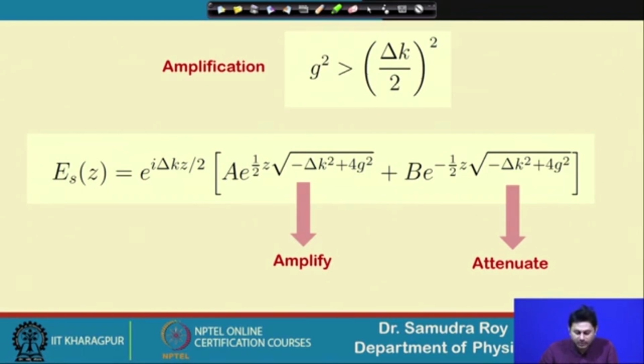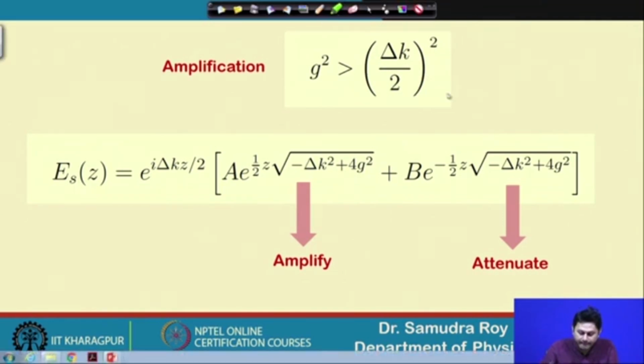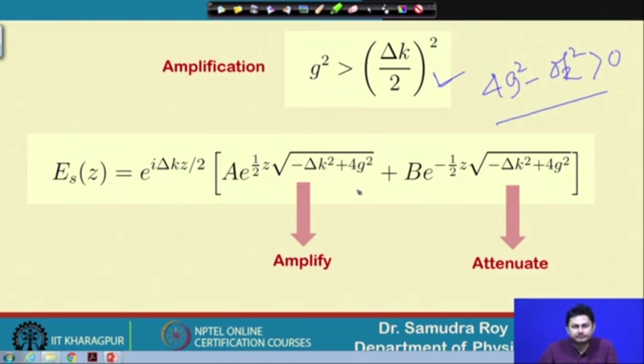Now, if g square is greater than this quantity, or eventually I am trying to say 4 g square minus delta k square is greater than 0, that means the entire quantity is positive or real.